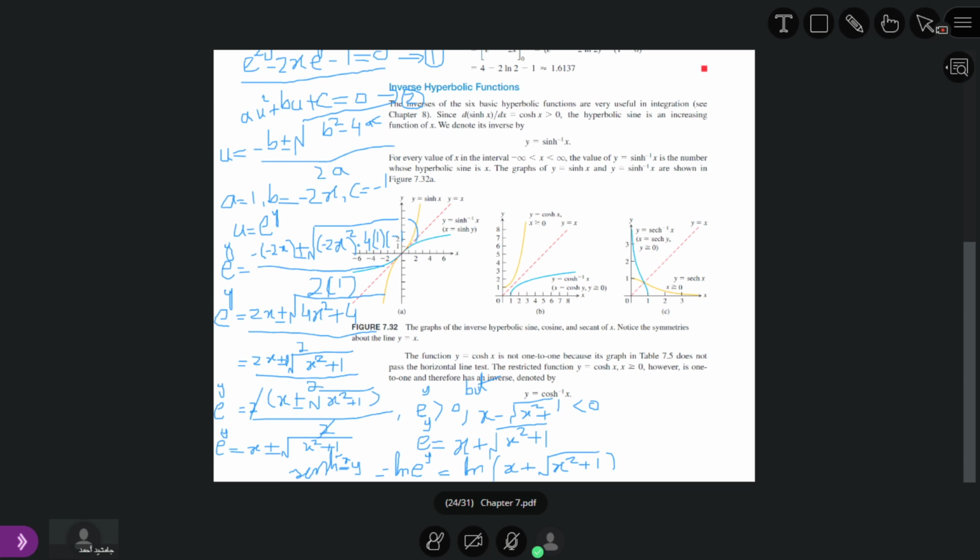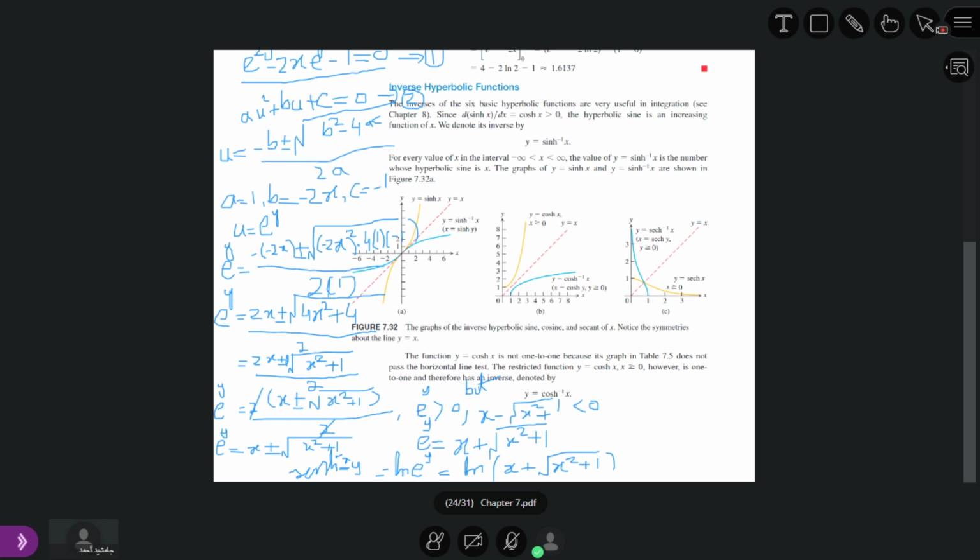So what is b? b is equal to minus 2x. How can we find a, b, c? Whenever we compare equation 1 with equation 2, we get a, b, c. So a is equal to 1, b is equal to minus 2x, c is equal to minus 1, and u is equal to e power y.